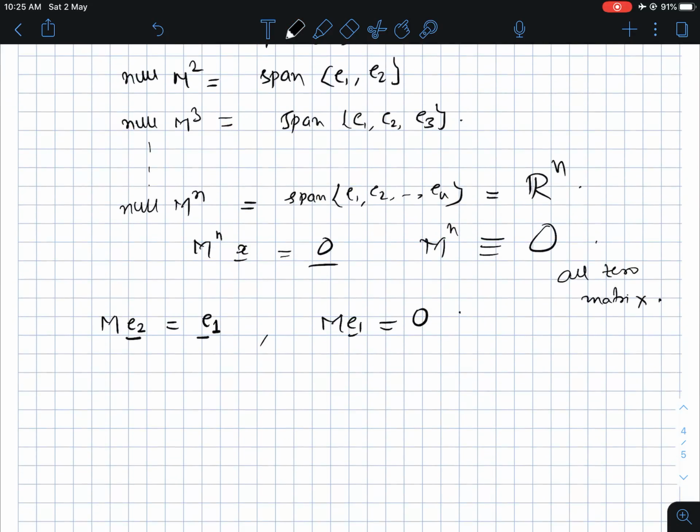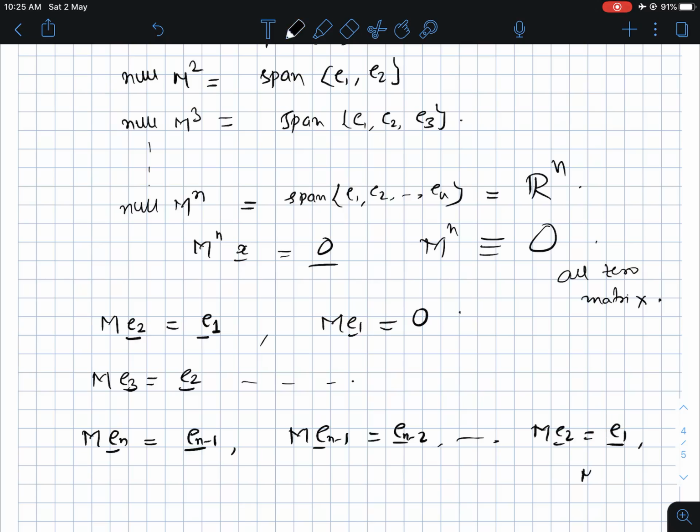Similarly, m of e3 is equal to e2. In general, m of en is equal to en minus 1, m of en minus 1 equals en minus 2, and so on, down to m of e2 equal to e1 and m of e1 equal to 0.